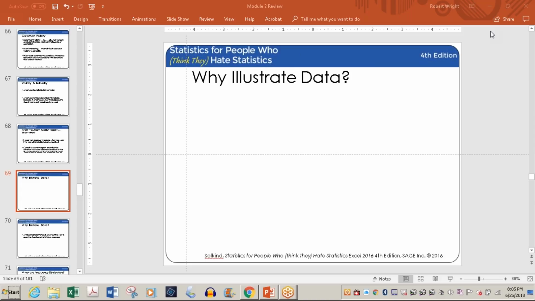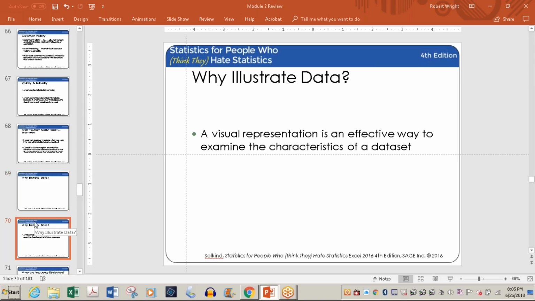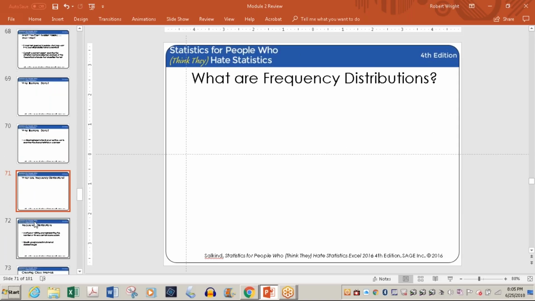I'll try to give you some ideas if I get my computer to work. There we go. Visual representation is an effective way to examine characteristics. It won't always give you the same detail, but it'll give you a real good, quick feel for what's going on. It's easier to tell if your data is grouped together or farther spread out.